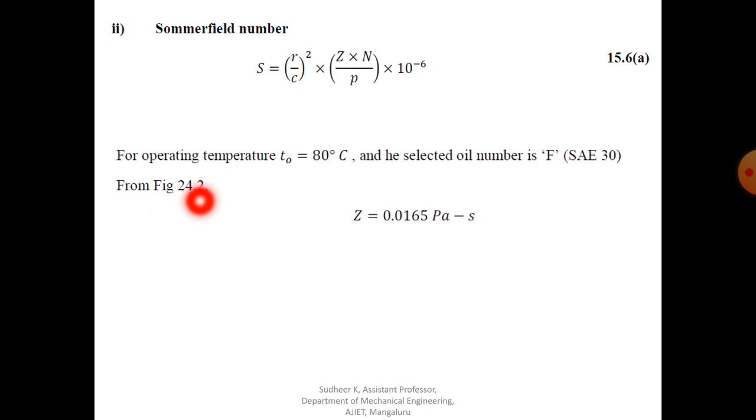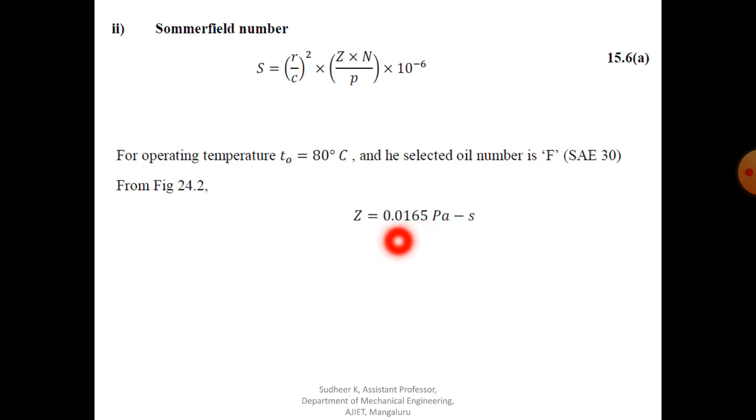This is one of the important sheets in journal bearing design, the temperature-viscosity relationship. Based on T_O of 80 degrees Celsius on the x-axis, follow the curve in the chart, that is F. Similarly there will be A, B, C, D, E, F. Based on F, the y-axis is the Z value, which is the absolute viscosity, so directly you will get the answer.